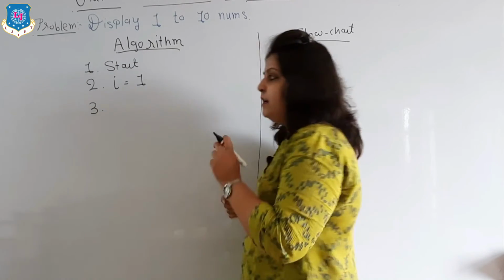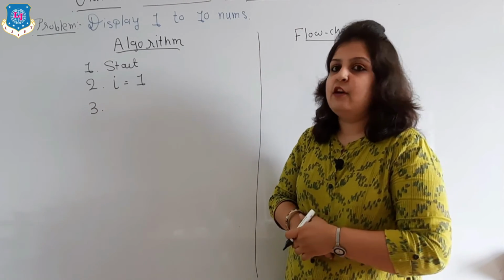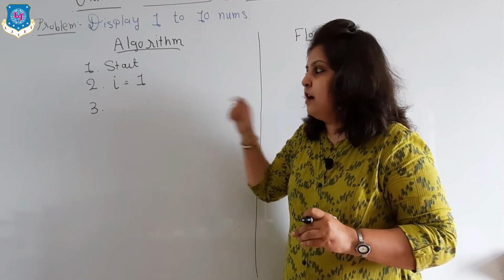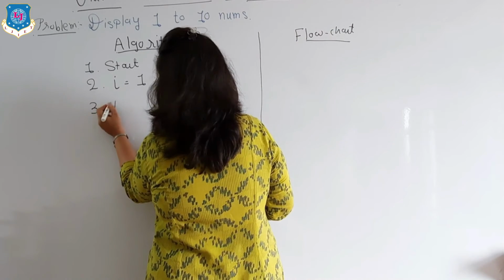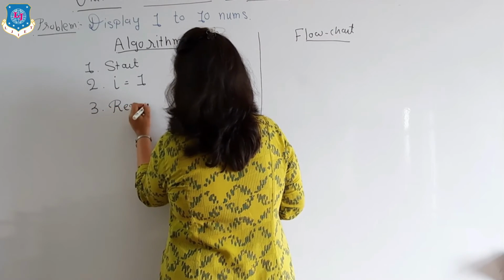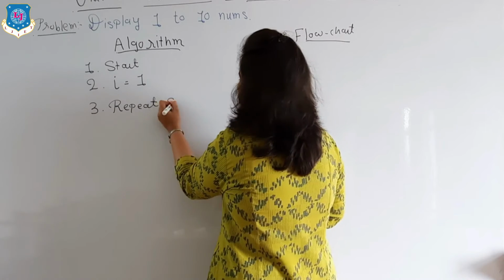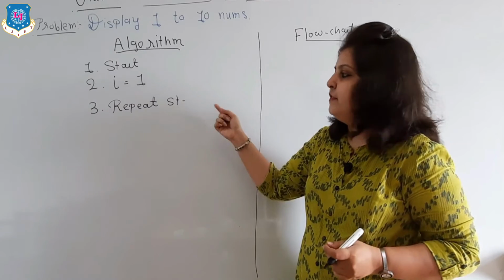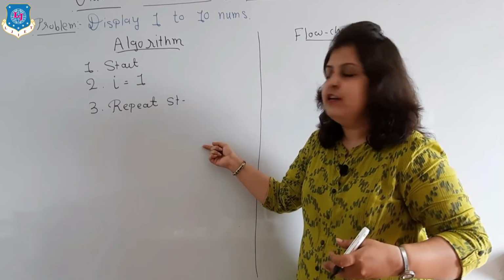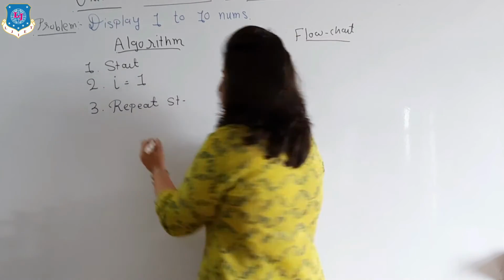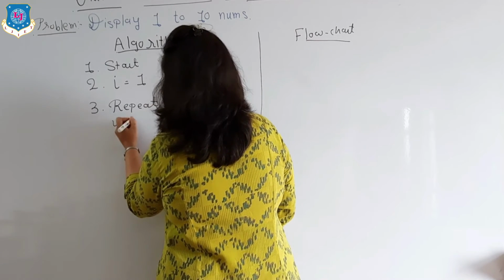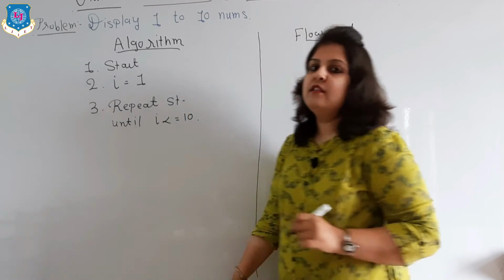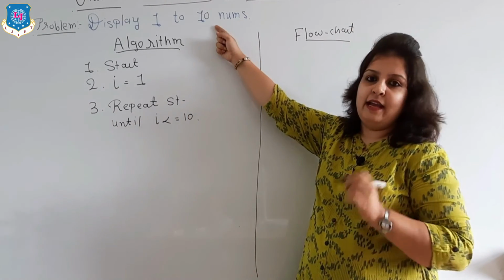But in the third step I am not writing this, because I have to repeat the same process again and again. So in the third step I am writing repeat, statement number, but right now we don't know which statements we have to repeat, so just keep it blank. Our condition is until I less or equal to 10, because here our ending is at 10.